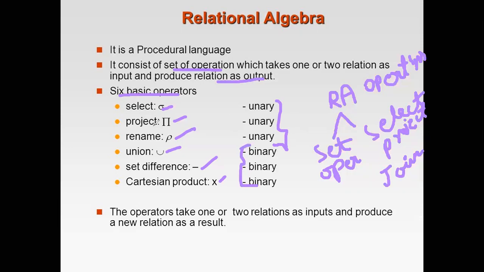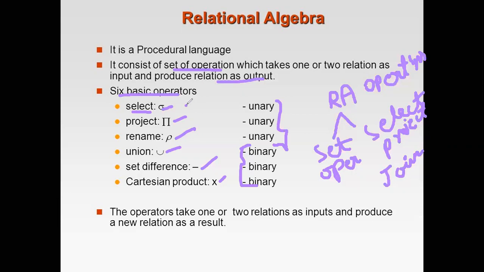So basically there are 6 basic operators, but other than this, we also have many other operators. Here we have 6 operators. Select, which uses the symbol sigma.